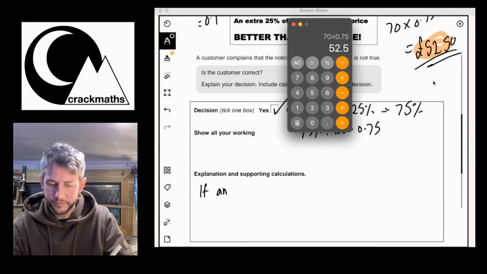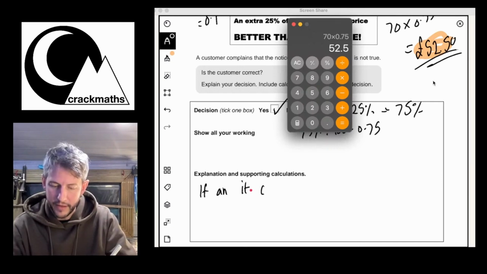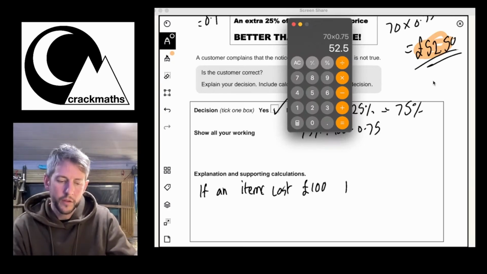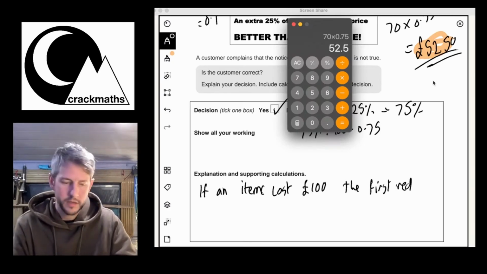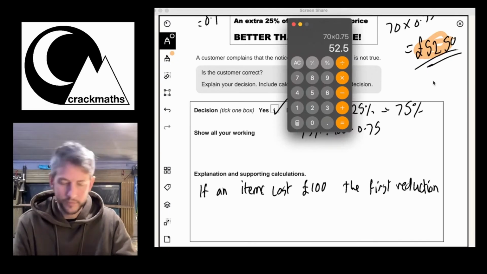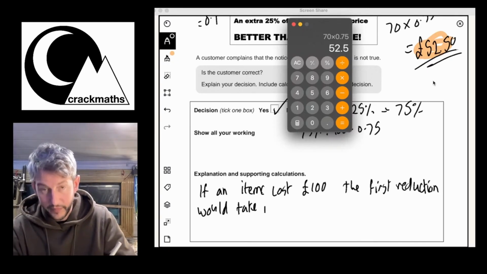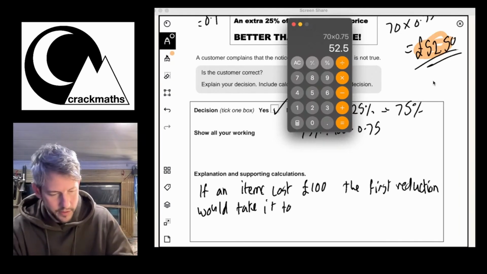If an item cost £100, the first reduction would take it to £70.